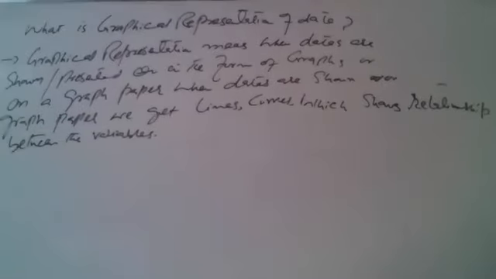Data are shown or presented in the form of graphs or on a graph paper. It is called a graph. Which types of graphs? So graphical representation means simply when data are in the form of graphs, showing the relationship between the variables.